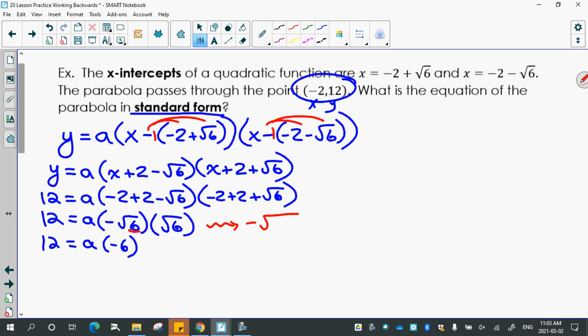Then you can multiply what's under the root signs together, and the square root of 36 is 6, so that's what gives you the -6. Okay? Good job. Now I need A, so I'm going to divide both sides by -6. And that gives me A of -2.